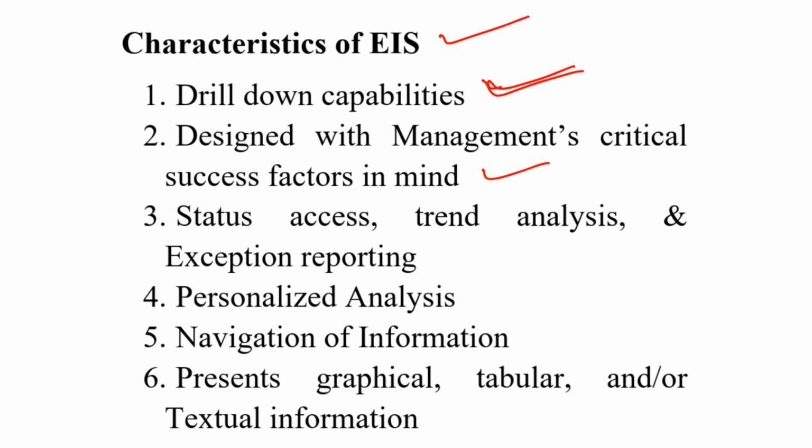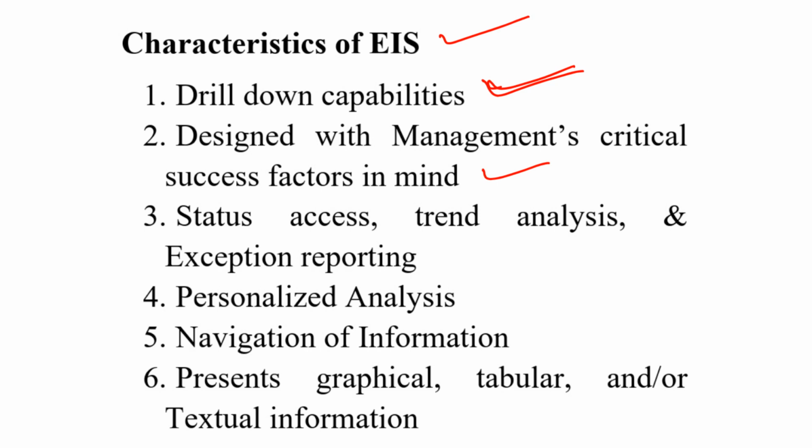For example, some companies might have a very good geographical location, some might have the advantage of skilled laborers, some might have the advantage of sophisticated or new improved technology, like that. Keeping that in mind, these systems will be designed.